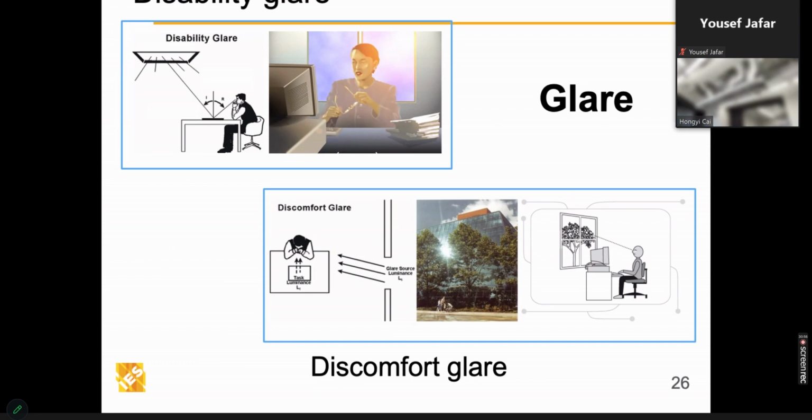So glare problems in a daylight environment are more challenging than in electric lighting, because with electric lighting we can lay out the luminaires wisely so we can avoid this, right? But in a daylight situation, the sun moves differently every day, every second. Then you have to control for the whole year, which is sometimes very difficult.